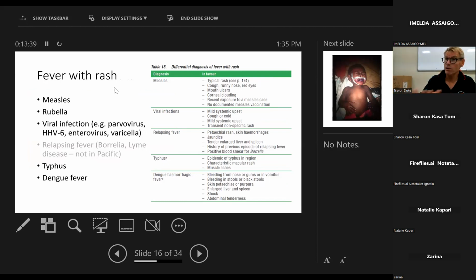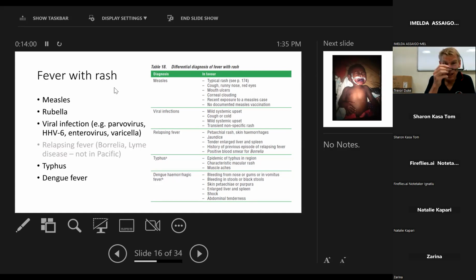And then there's other viral infections, like I talked before about parvovirus. And have you ever seen parvovirus rash? I think you have, because we see quite a lot, and it gives you very red cheeks and a high temperature. I'll show you a picture in a minute.